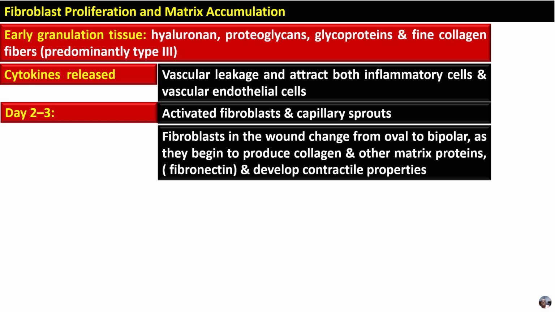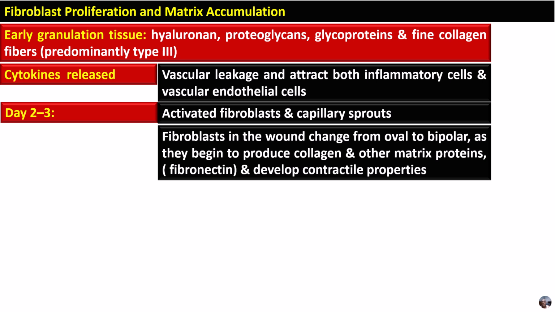Now these fibroblasts start to produce type 3 collagen and fibronectin, and they also acquire contractile properties by transition to the proto-myofibroblast that expresses actin fibers for wound contraction.